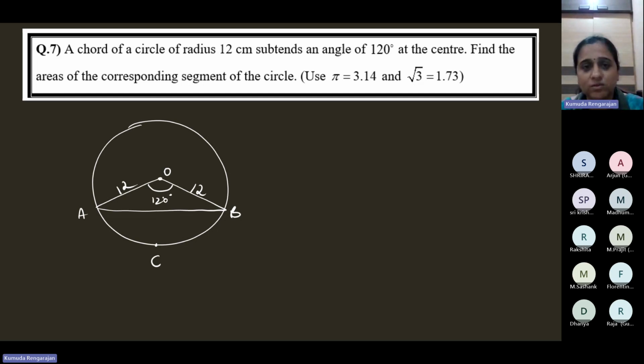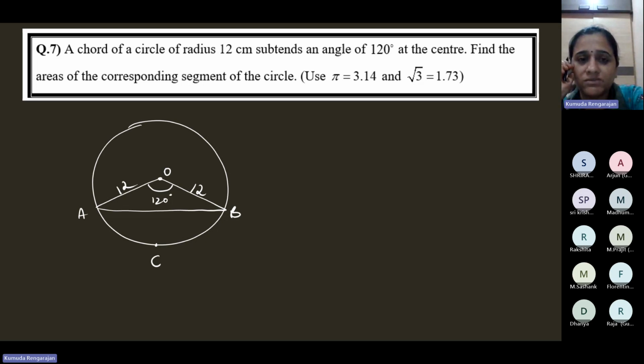And 120 is less than 180, so the arc is a minor arc. If the angle subtended at the center is less than 180 degrees, then the arc is a minor arc.